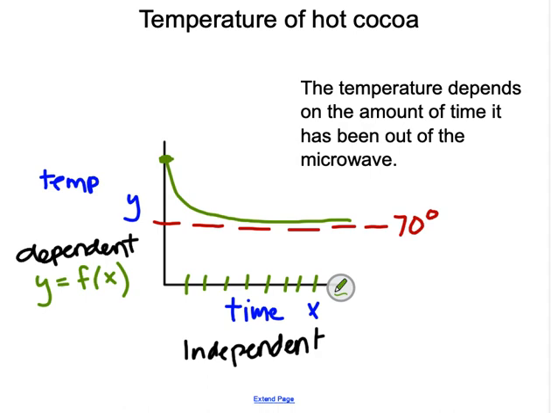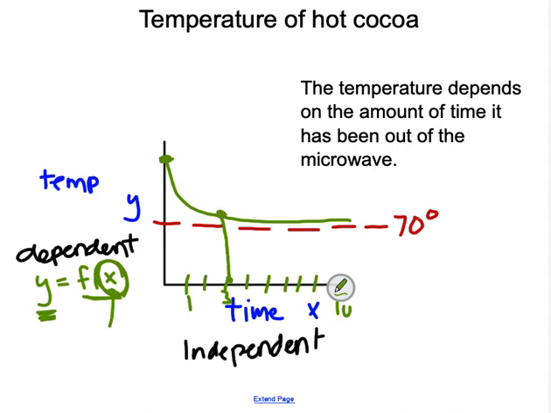Because what it's saying is that the value of y, in this case the temperature, depends on the value of x. So depending on if we say we're at 1 minute or 3 minutes or 10 minutes, whatever number goes in here will determine your y value. You need to know your x to be able to figure out the correct temperature.